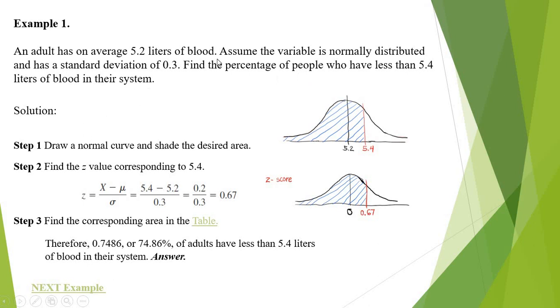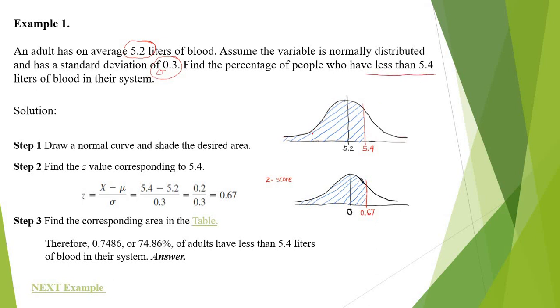So we take note that the average is 5.2, then we have the standard deviation of 0.3, and we wanted to find the percentage of people who have less than 5.4 liters of blood.